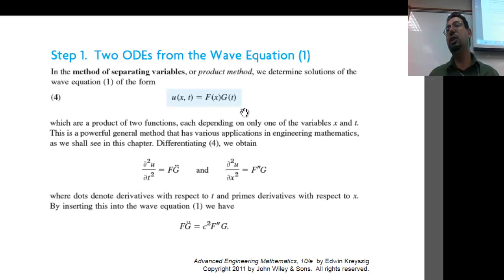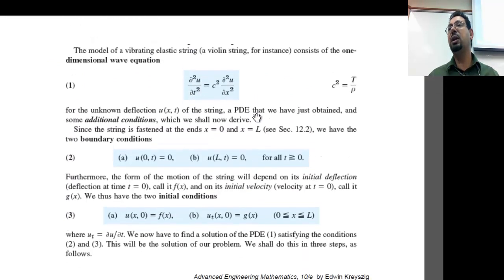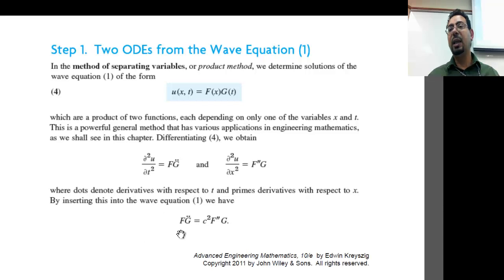The same thing here: if you differentiate this with respect to x, g is a constant because it's only a function of t, and this becomes f double prime. So it's like d2f by dx squared, the total derivative of f with respect to x. All right, so now let's plug this and this into the mother equation, which was what? Second derivative in t equals c squared times second derivative in x. That's f g double dot equals c squared f double prime g.